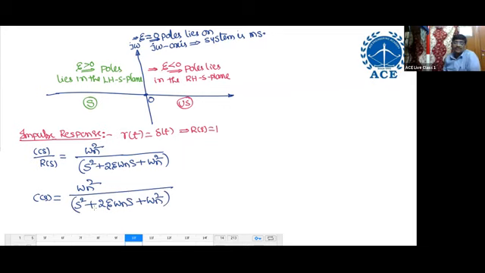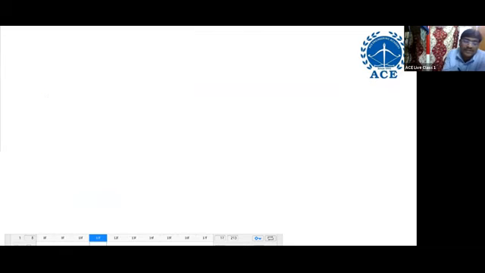So now, case 1: you have to take the different values of zeta and draw the response. Case 1: zeta equal to 0, undamped system.